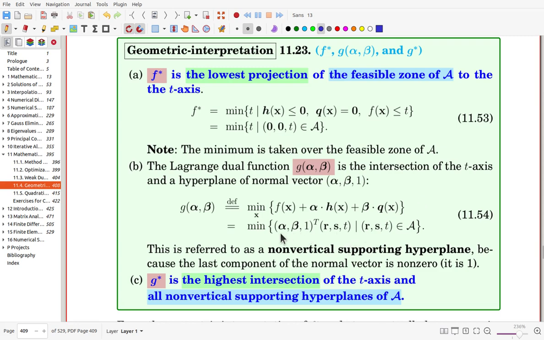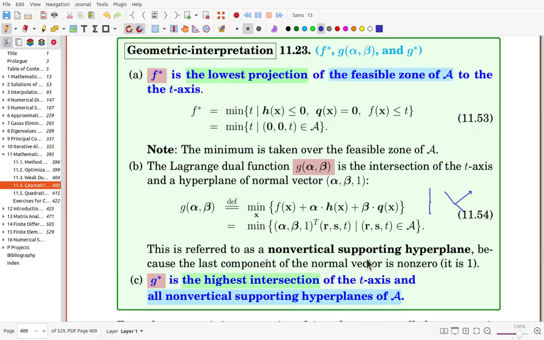Considering, for example, a three-dimensional space, the normal vector (alpha, beta, 1) cannot be horizontal because the third component is always 1, so it always has a slope, and the hyperplane cannot be vertical. So we name it a non-vertical supporting hyperplane.